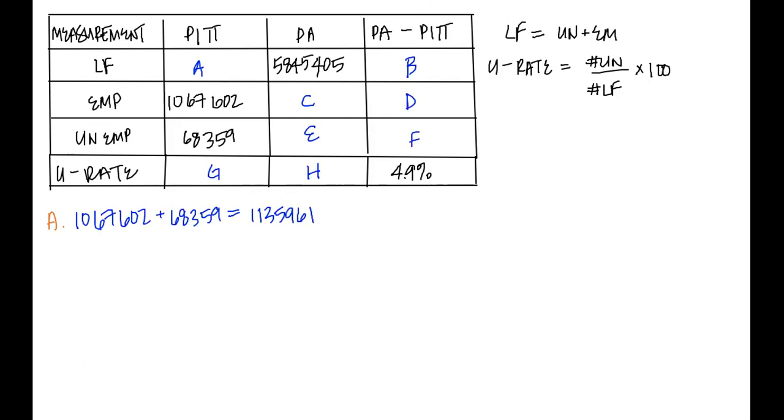So that is our first answer. So I'm going to put a box around that and then cross off A to show that we've solved for that one and can use it to make future calculations.